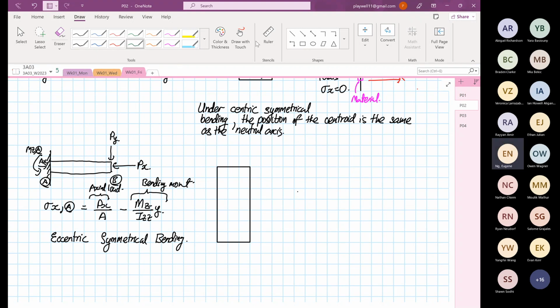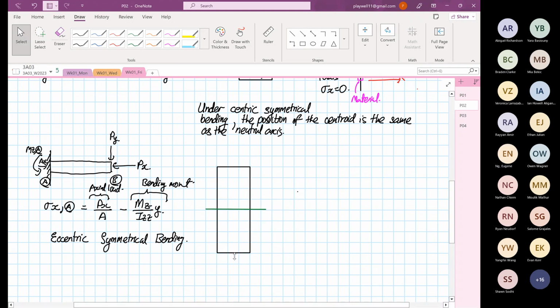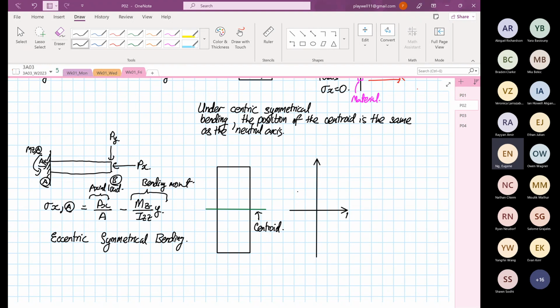Okay, now you can see that this is our centroid. So now we are going to sketch PX over A. This is our normal stress in X, which is under compression.